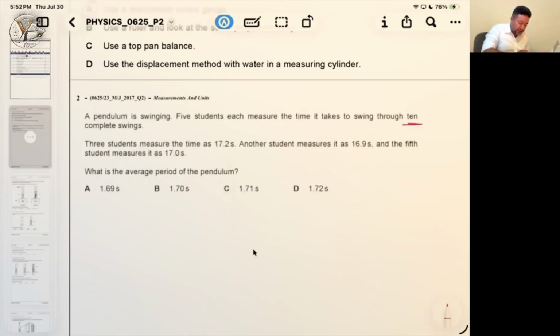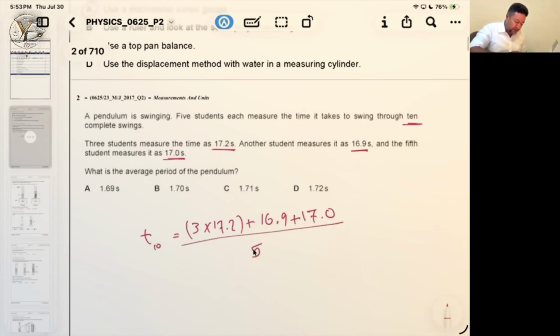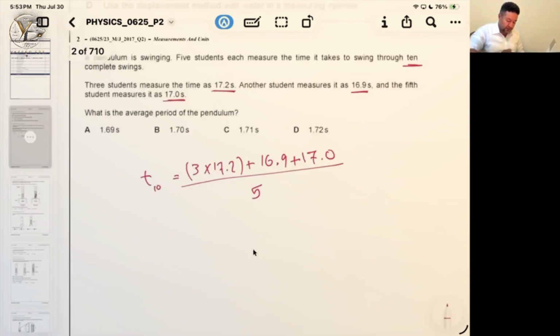Okay, 3 students got 17.2 and one 16.9 and one 17.0 out of the 5 students. To find the average time of the 10 oscillations, we are going to multiply 3 times 17.2 plus 16.9 plus 17.0, all divided by 5 because we have 5 students.